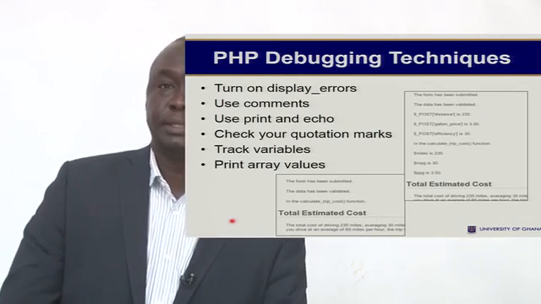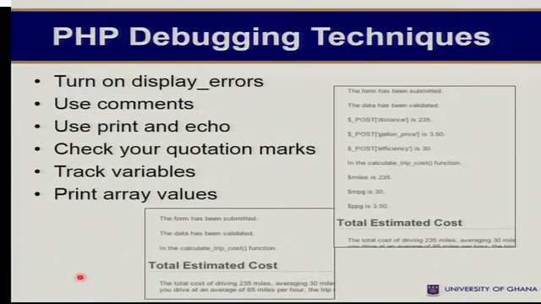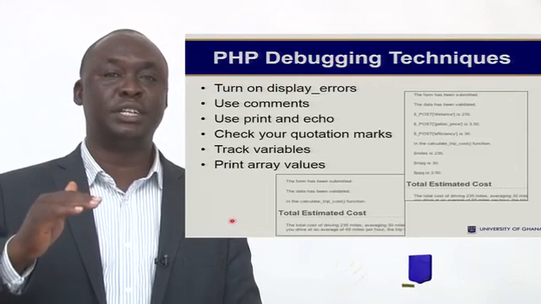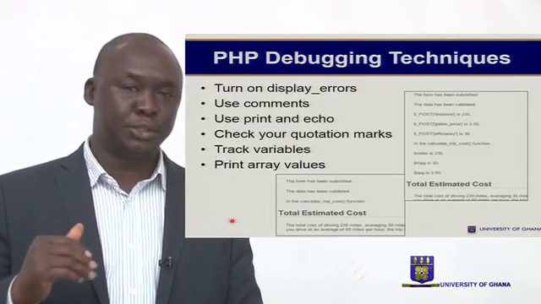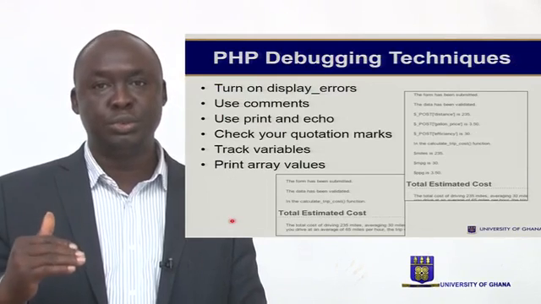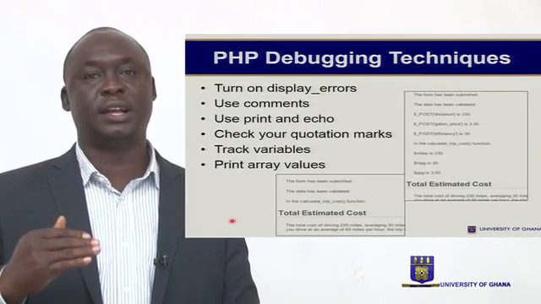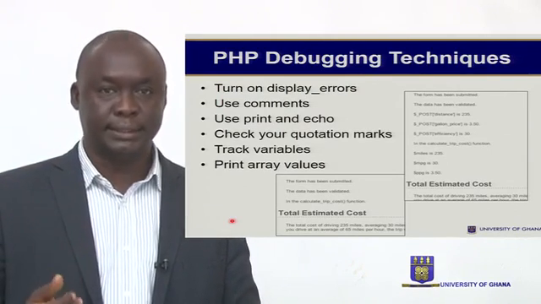We must use comments, and you should also use print outs at each level of your code. If you want to debug it, you can print out statements, you can print out the content of variables to be able to track what is happening in the source code. So we use all these tools to help us track our errors and debug them.